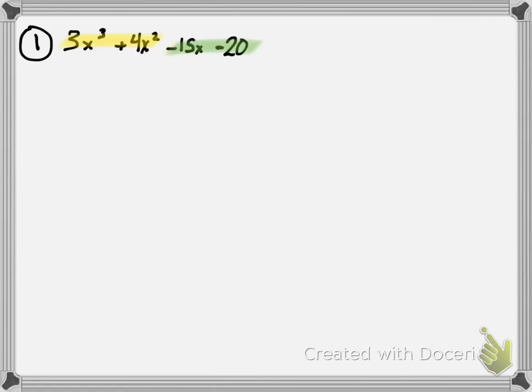What can factor out of what I've highlighted in yellow? Well, they both have an x squared. And so I can factor out an x squared on both of those. There's no number they share in common, so x squared is the biggest thing I can factor out of both.